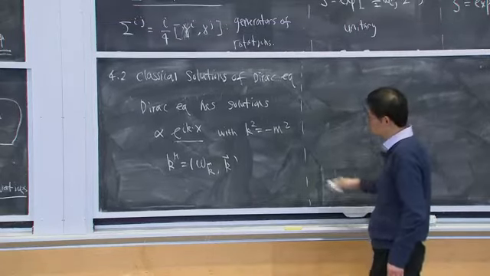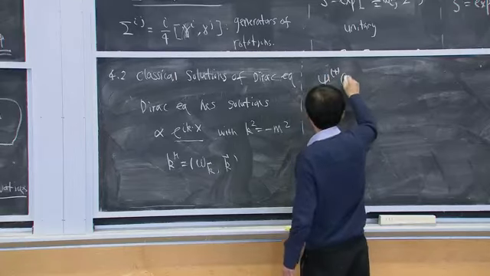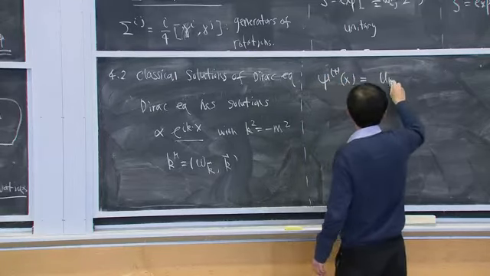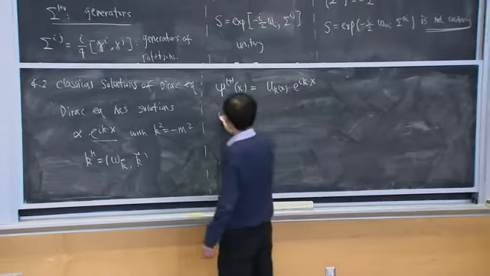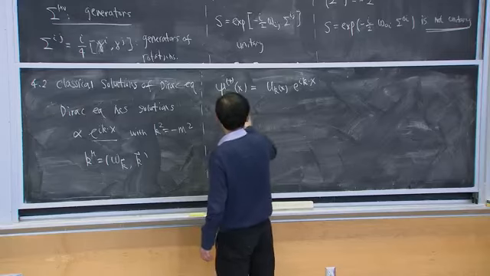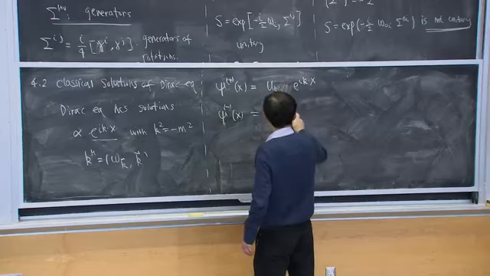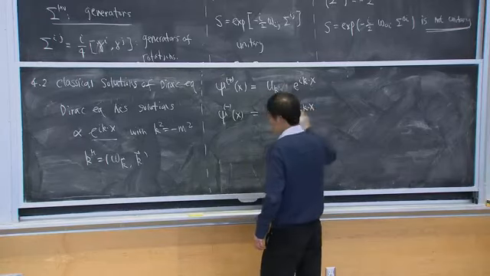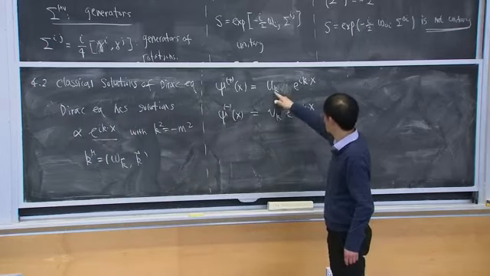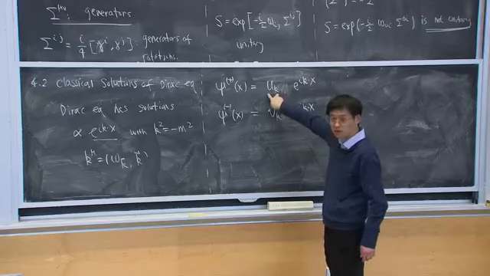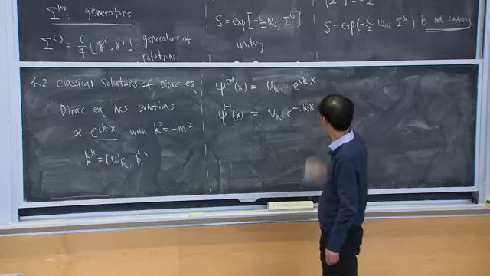So we will separate the solutions into 2 types. One type we call psi plus of x, which corresponds to u(k) e^{ikx}, and the other we call psi minus of x, which corresponds to v(k) e^{-ikx}. u_k and v_k are 4-component spinors, the same as psi, because the exponential is just some number.